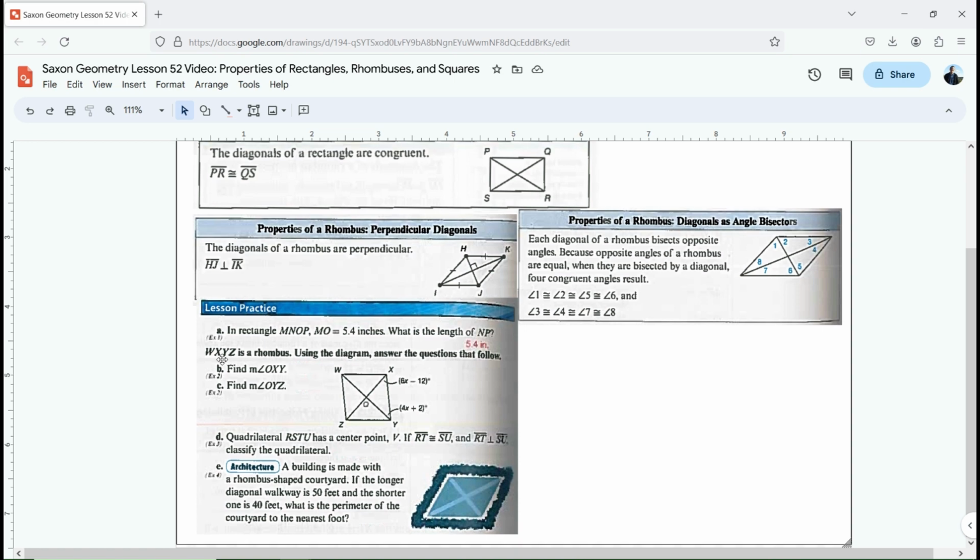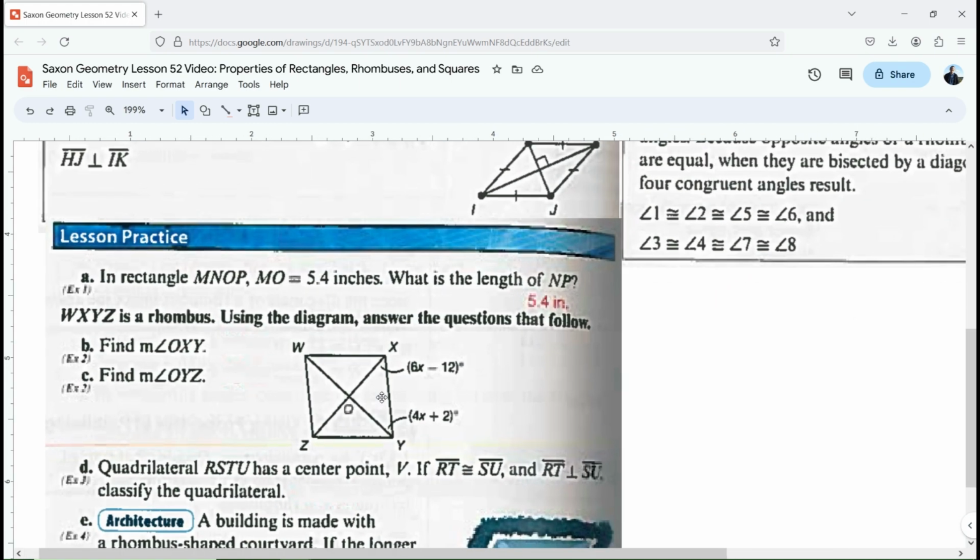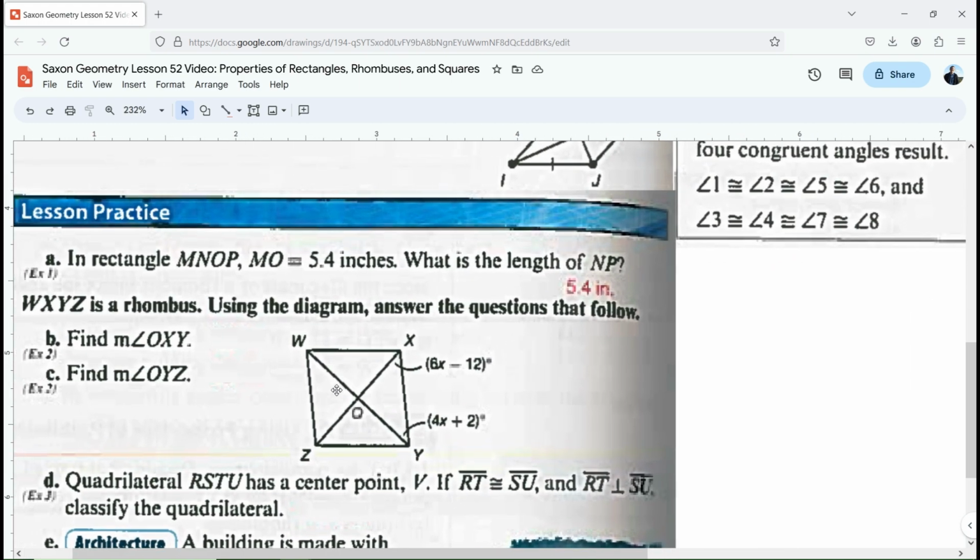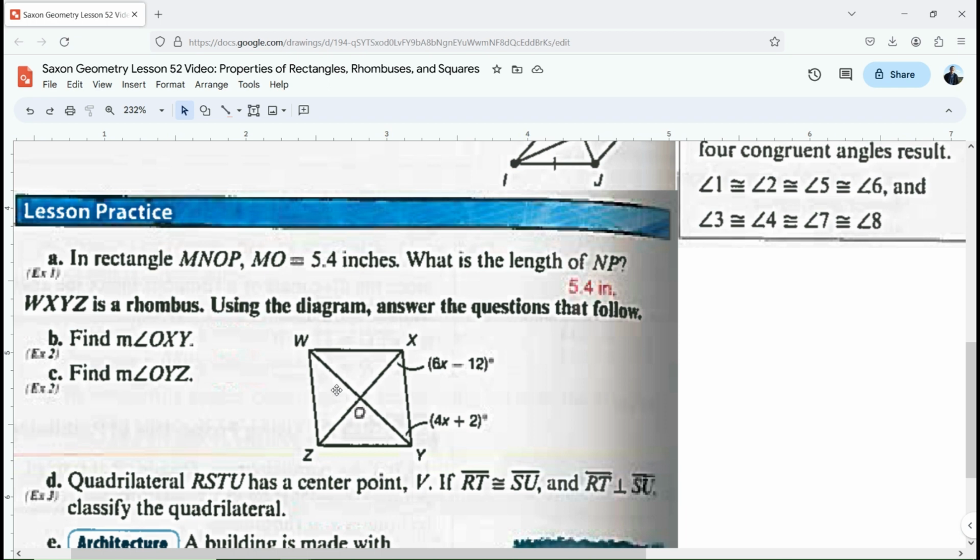All right, WXYZ is a rhombus. Using the diagram, answer the questions that follow. These are going to be a little more tricky. I'm going to zoom in here so we can see. All right, so WXYZ is a rhombus. And I know that these two angles are 6x minus 12 and 4x plus 2. Let's think about that for a second.